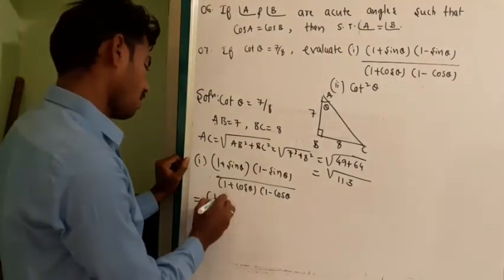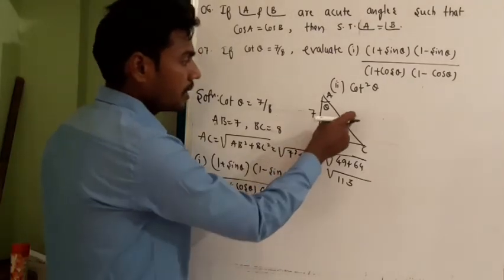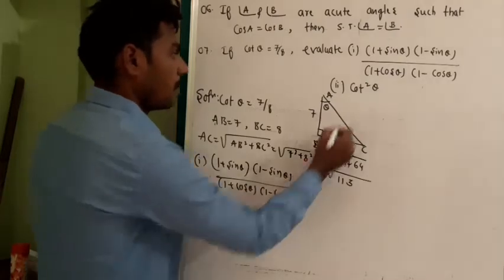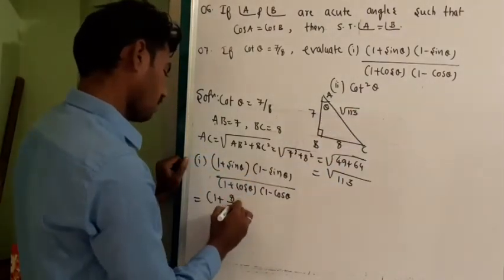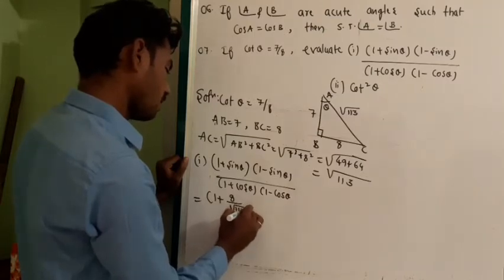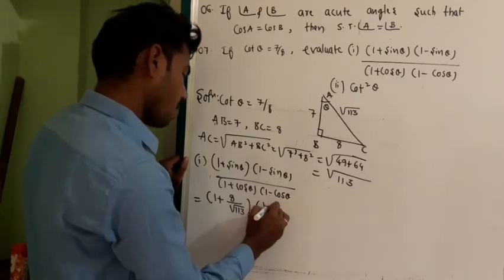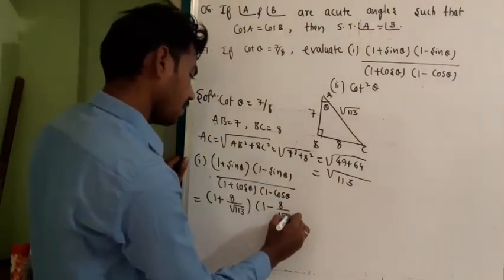What is sin theta here? Opposite by hypotenuse, that is 8 by root of 113. Next, 1 minus 8 by root of 113.